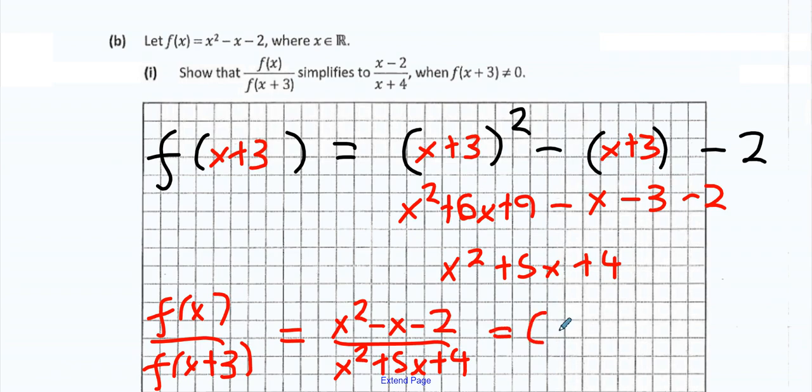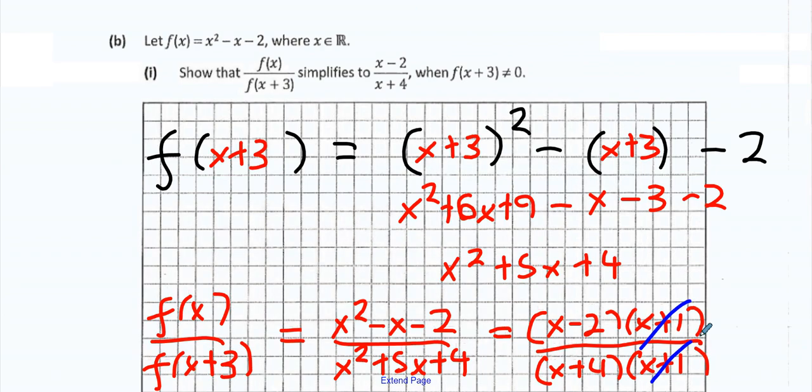Factorize them. I get x minus 2 and x plus 1 on top, and on the bottom I get x plus 1 and x plus 4. And what happens to the x plus 1s? Then what do I get now? x minus 2 over x plus 4.